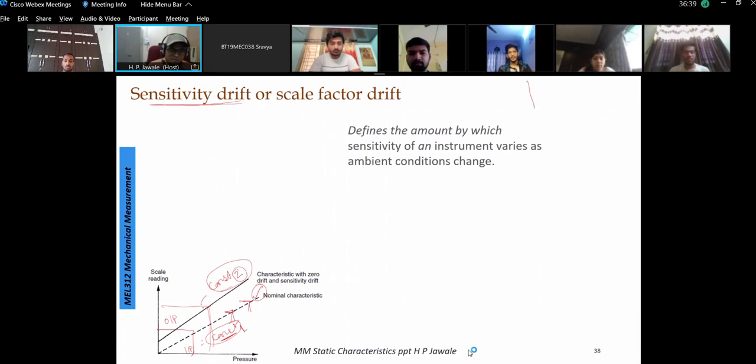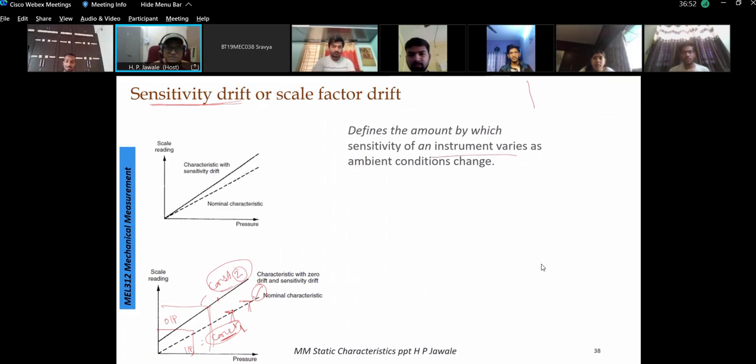If I am going to take the input output for this curve, it will have constant 2 or K2 we can say. So this is what is defined as the amount by which the sensitivity of an instrument varies as ambient condition changes. So this is what is shown. Say if the instrument is not having any zero error or the zero drift or the bias is zero, ideally it is required, but we find in actual practice it is going to shift over.